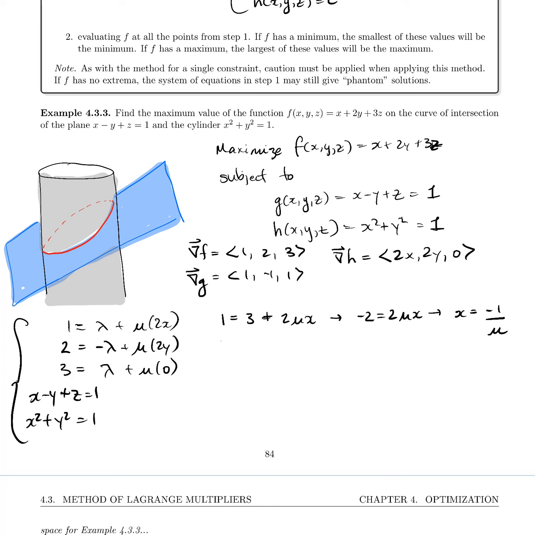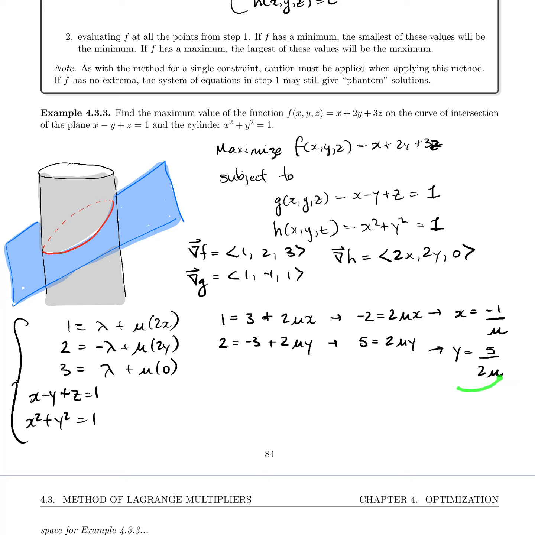The next equation, 2 is equal to minus 3 plus 2 mu y, or 5 is equal to 2 mu y, or y is equal to 5 over 2 mu.